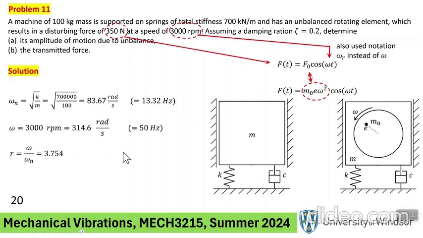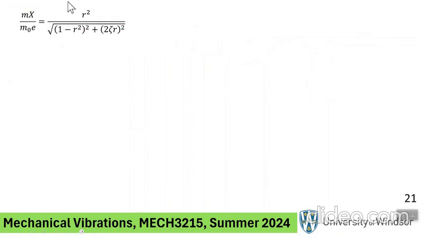Okay. Now, this was the equation for the amplitude of vibration of that machine when there's a rotating unbalance involved. Notice that I can rewrite this in that way.